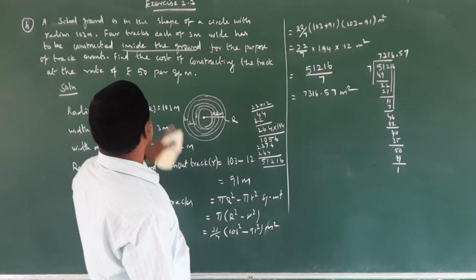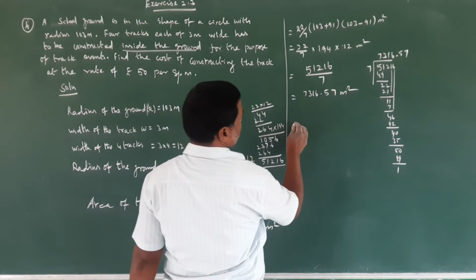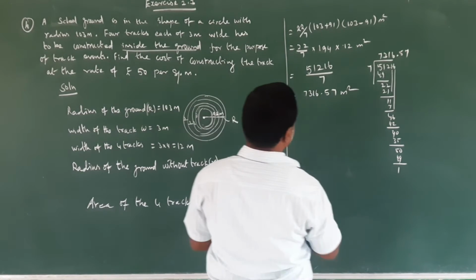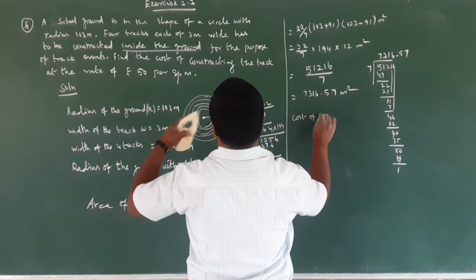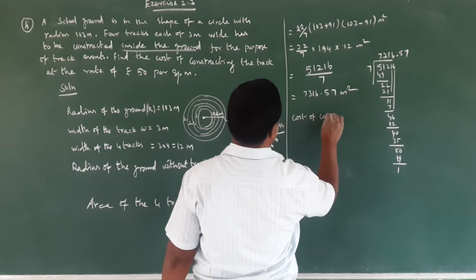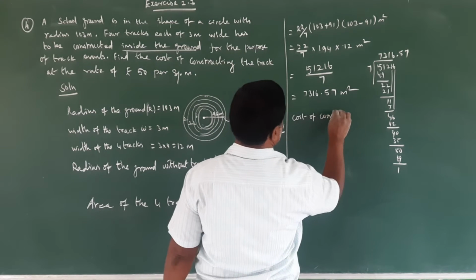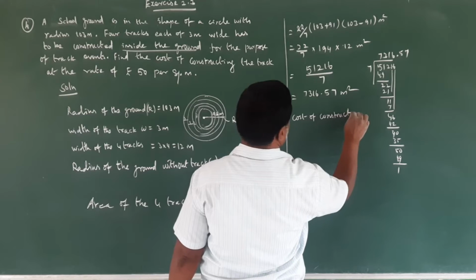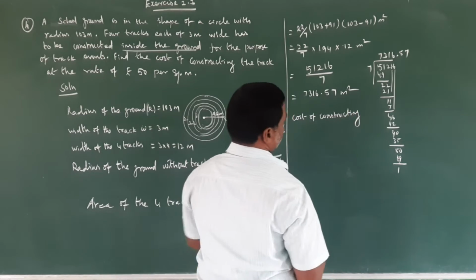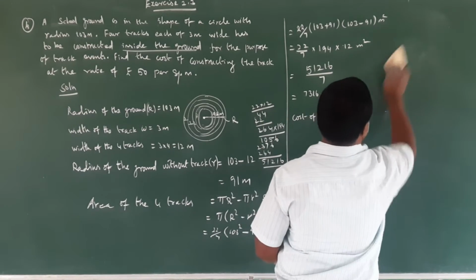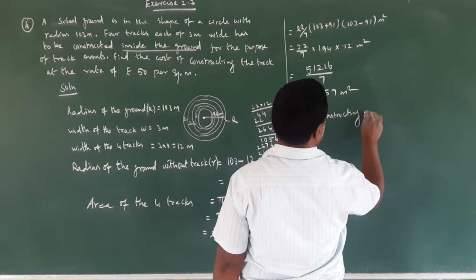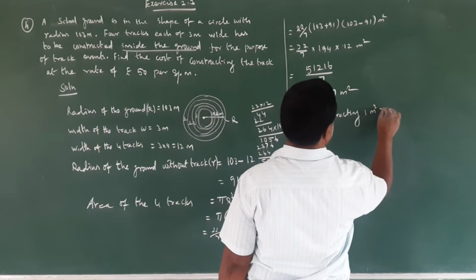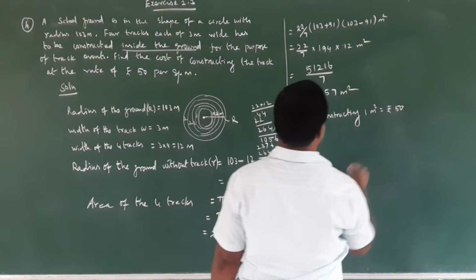Now the cost of constructing 1 meter square equal to rupees 50.